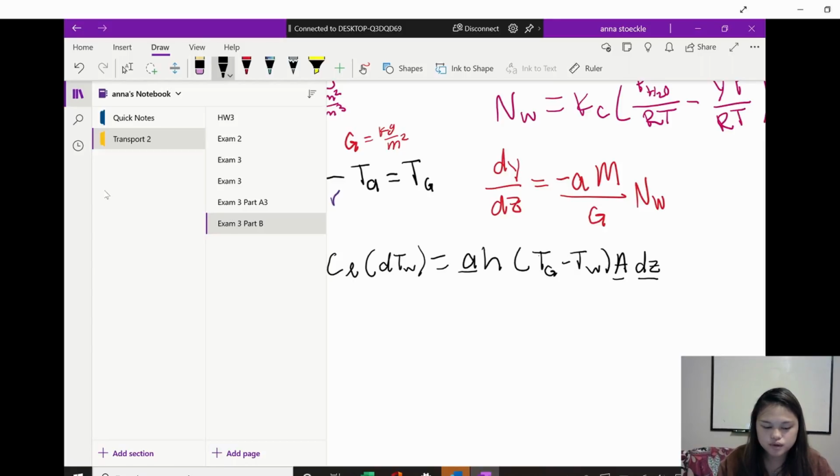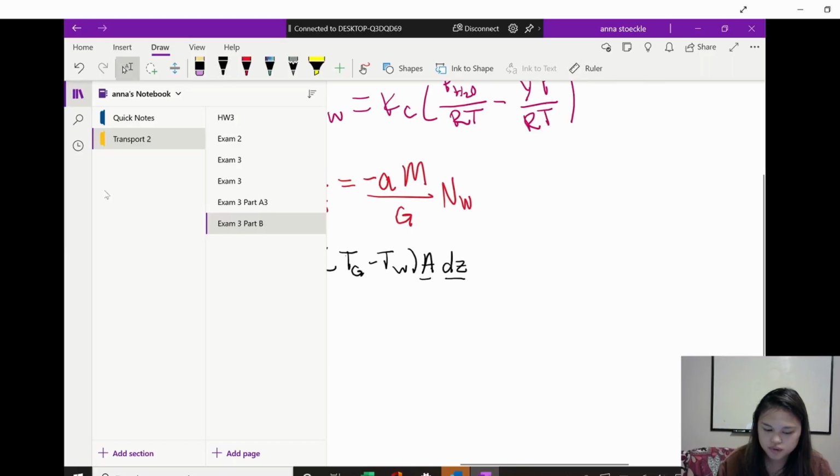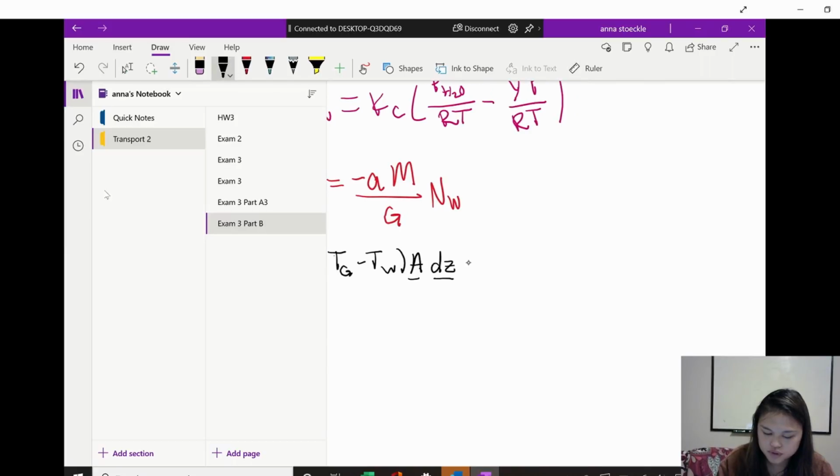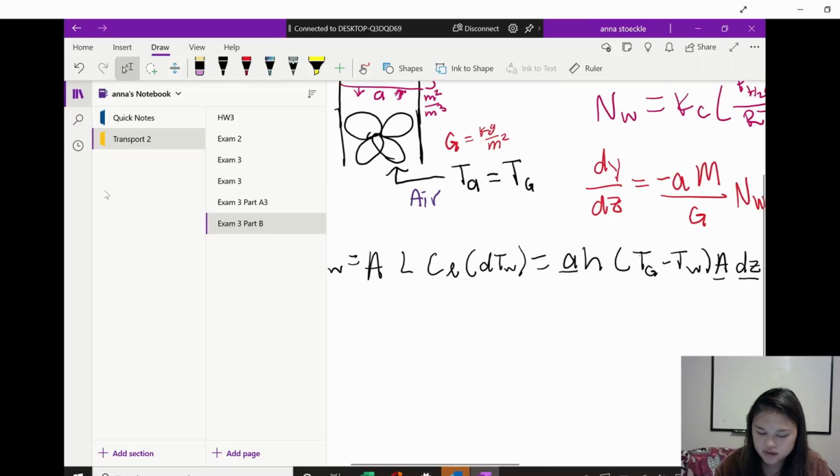But then what we also want to look at is the heat transfer from air to water. So we will add a subtraction sign, and I'll explain that in a second. But what I want to say is that the rate of this is the rate at which the enthalpy is changing.